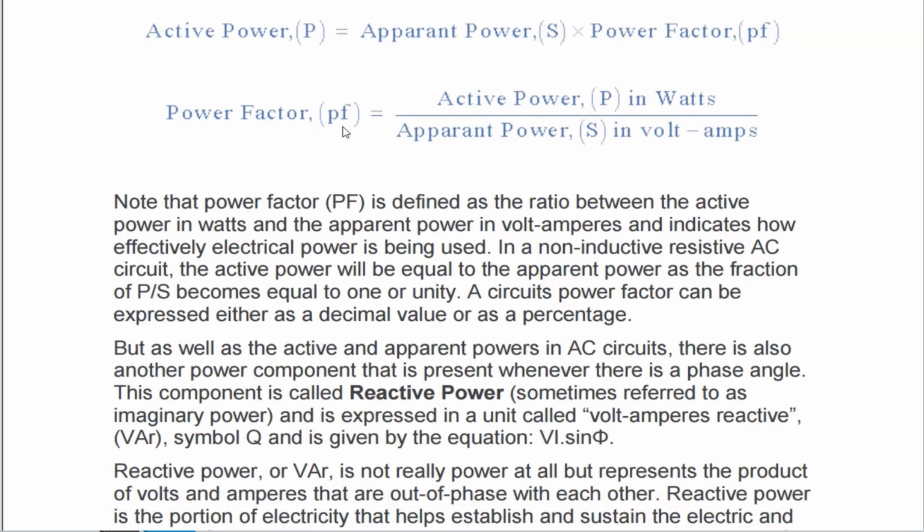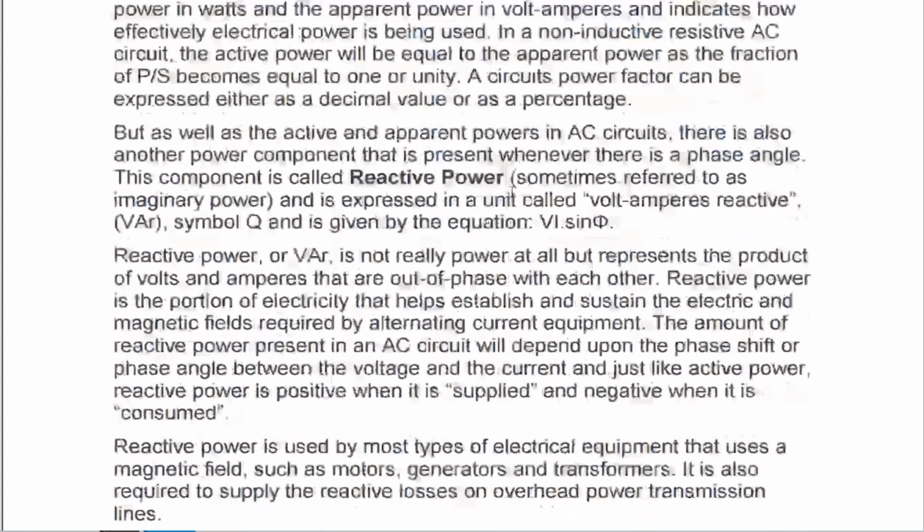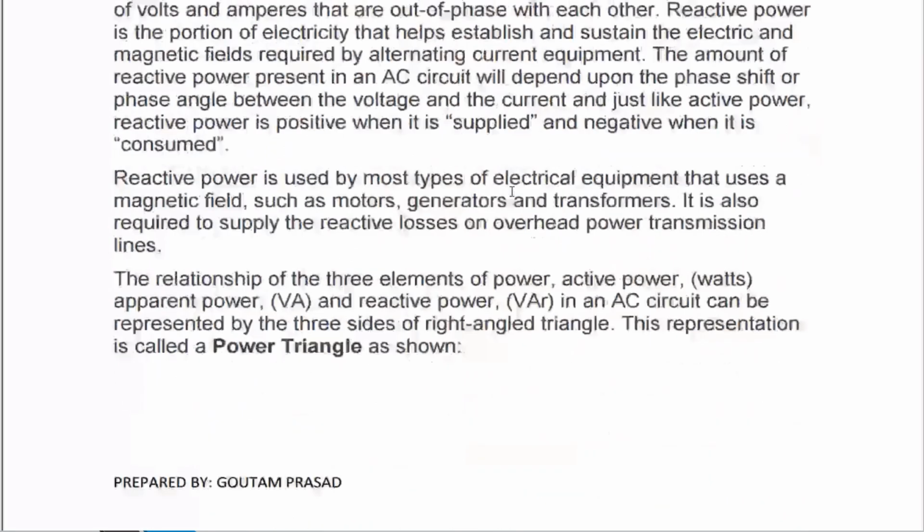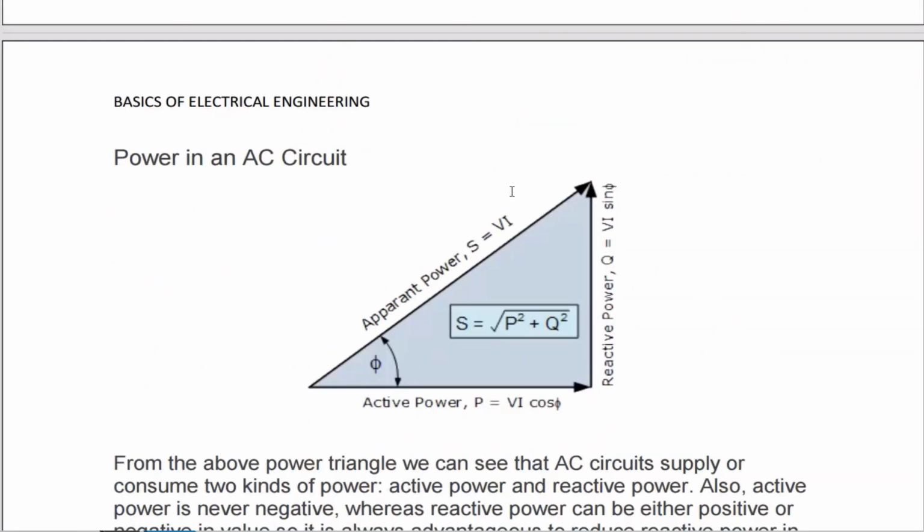So power factor becomes how much? Active power in watt. Active power is always measured in watts, and apparent power is measured in volt amps. So if you divide active power by apparent power, you will get the power factor of a particular circuit. Okay.